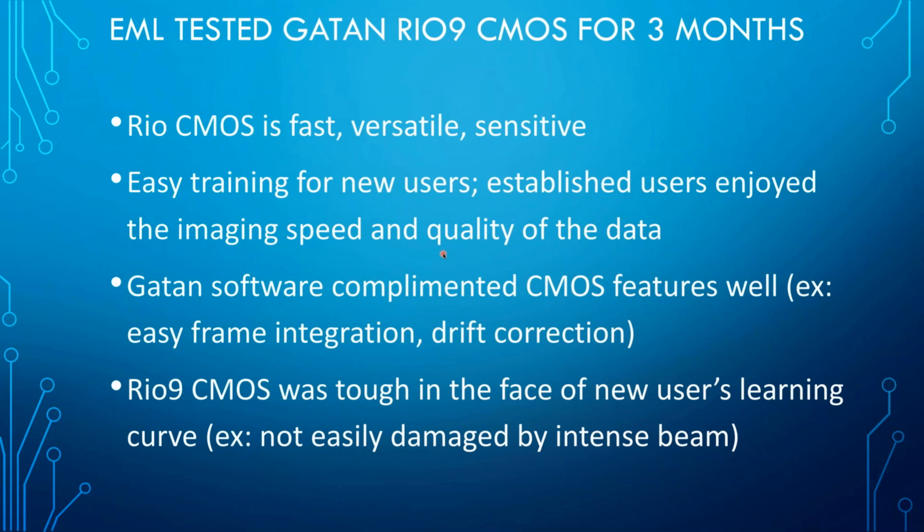They don't know how to make buffers and reagents, and microscope, forget it, they don't know how to use anything like that. We were able to sit down people who have that low level of experience and train them on the Rio within minutes. It was so easy to train people on, and our established users really enjoyed the imaging speed that the CMOS provided and the quality of the data that the Rio provided.